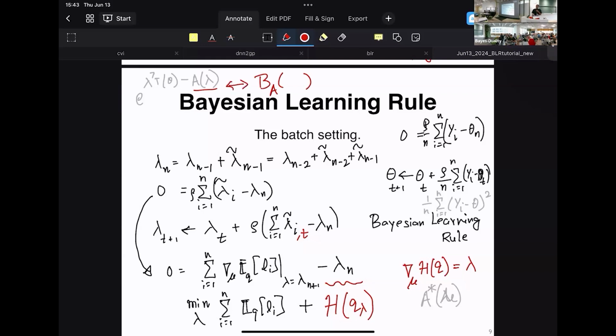And entropy is actually a star in the dual space. This is the entropy of Q lambda, where Q is this. I actually just gave a tutorial on exponential families right now. That's all you need to know. The exponential family is written like this: the partition function, the normalizing constant, is the convex function for the Bregman divergence.